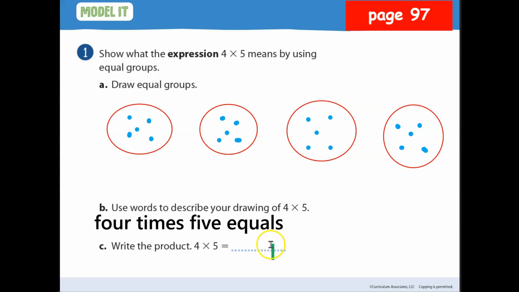How do I know that? So 1, 2, 3, 4, 5, 6, 7, 8, 9, 10, 11, 12, 13, 14, 15, 16, 17, 18, 19, 20. 20.